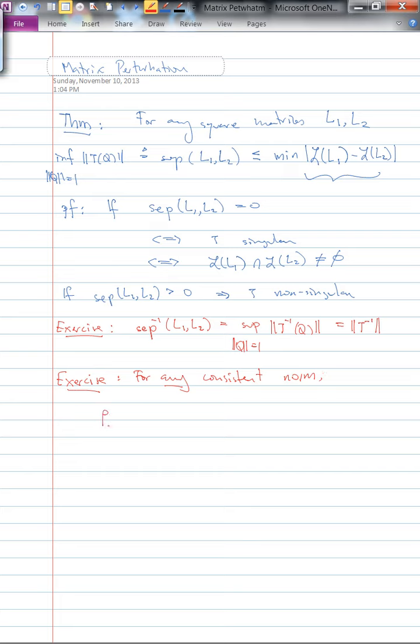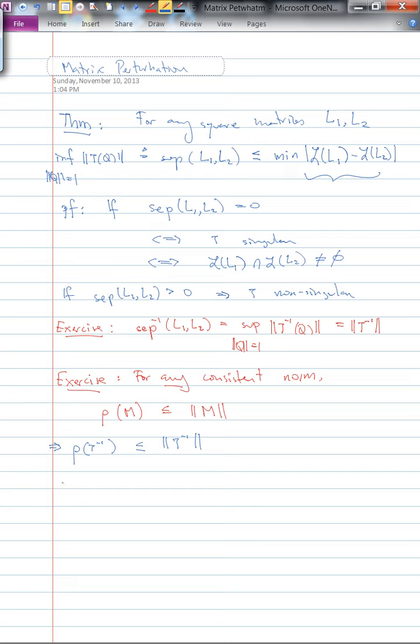So the spectral radius of any matrix is bounded by the norm of that matrix, as long as this norm is a consistent norm. So in particular, what this exercise gives us is that the spectral radius of T inverse is bounded by this norm of T inverse.